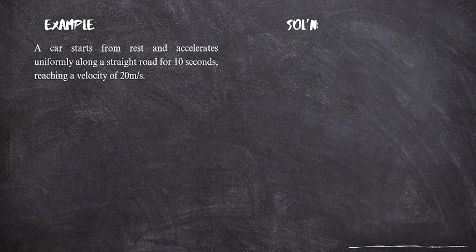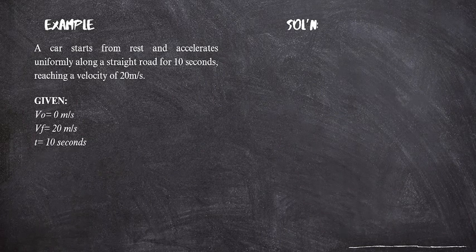Pick the right formula. Use the formula that matches the known and unknown variables. Step by step. Plug the values into the formula and calculate carefully. This approach makes it easy to understand and solve problems involving straight line motion.